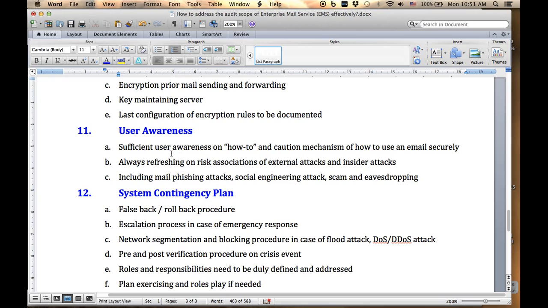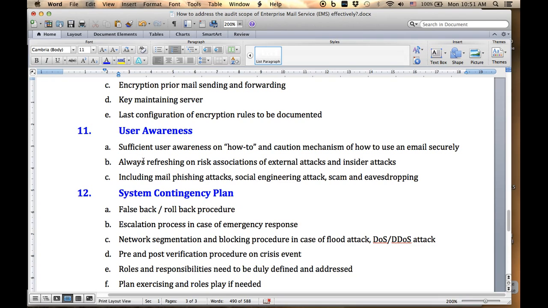The auditor needs to understand the user awareness involved with the mail service, how to use email properly and in the right way. You need to obtain a record of sufficient user awareness, and the caution mechanism on how to use emails securely.